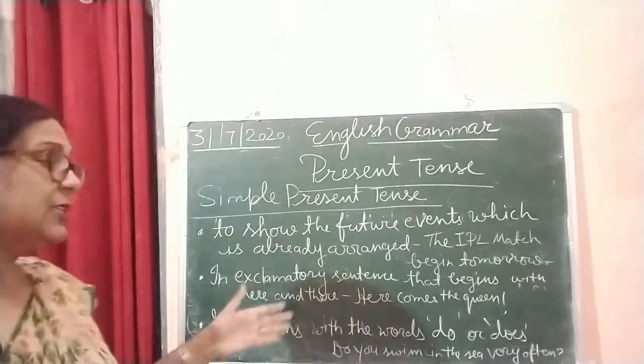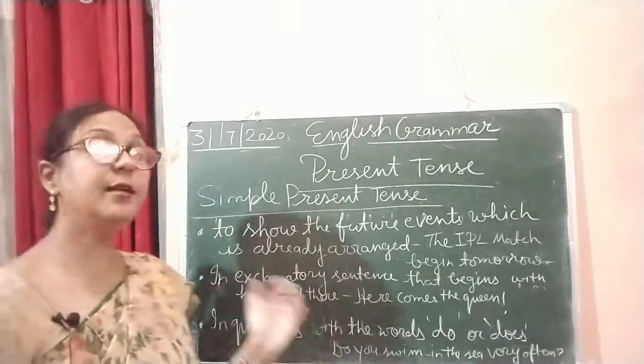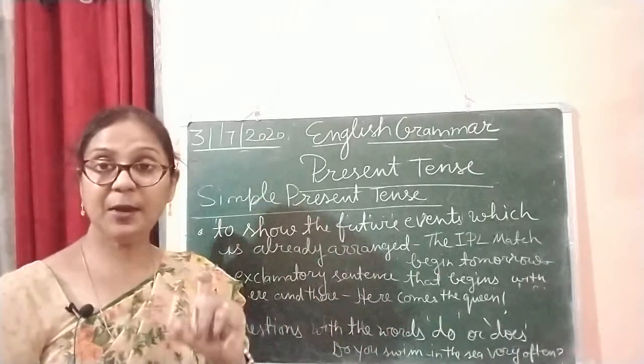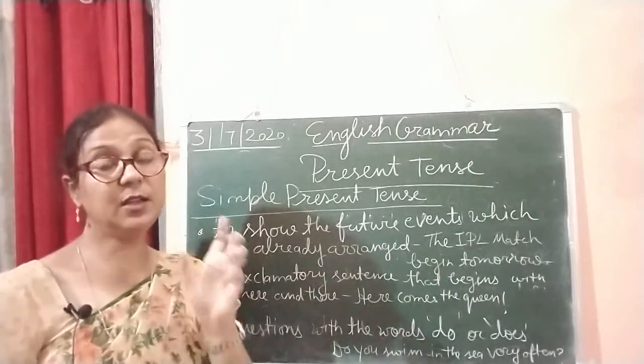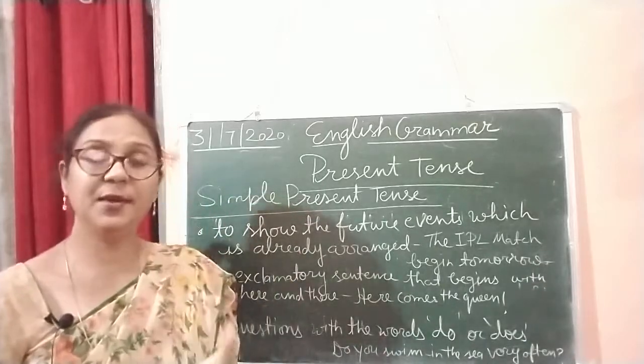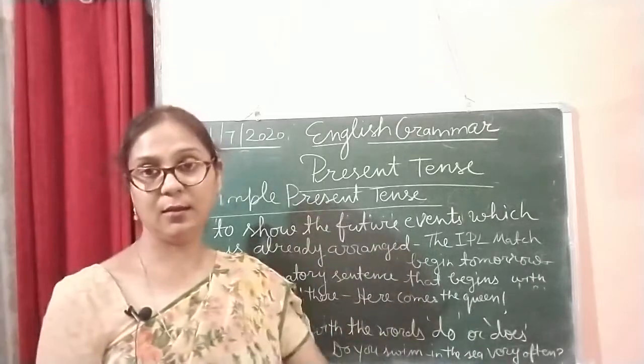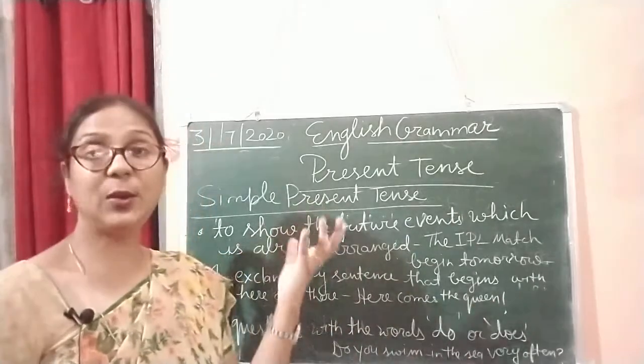Now, exclamatory sentences that begin with here and there. Exclamatory sentences, when they begin with here and there, also denote the simple present tense. Here you can see, here comes the queen. So, here comes the queen.